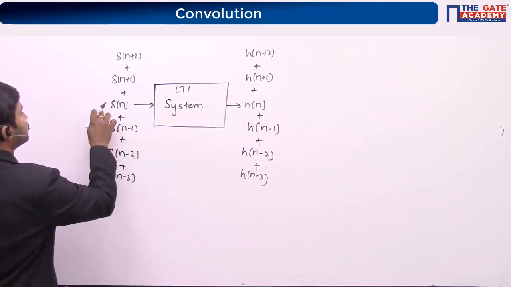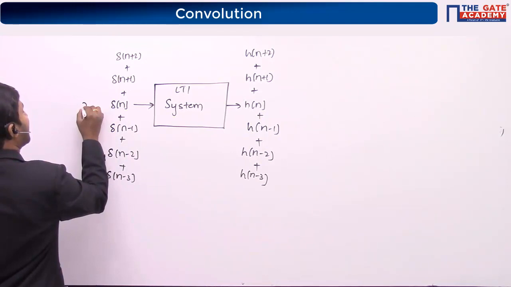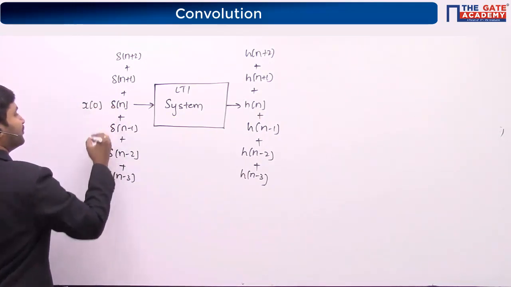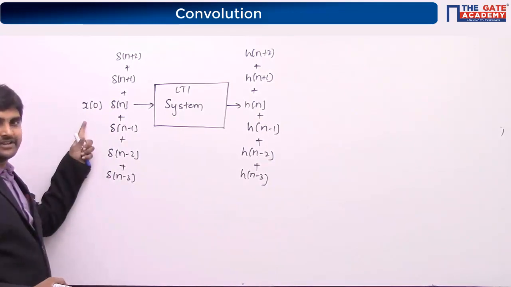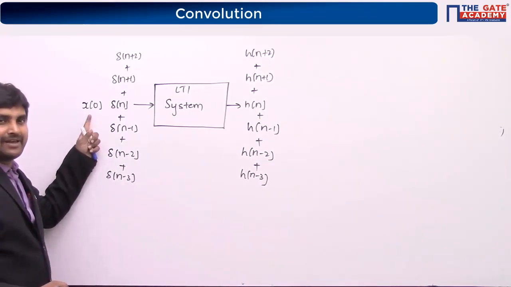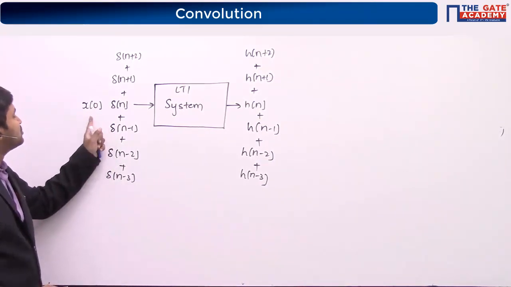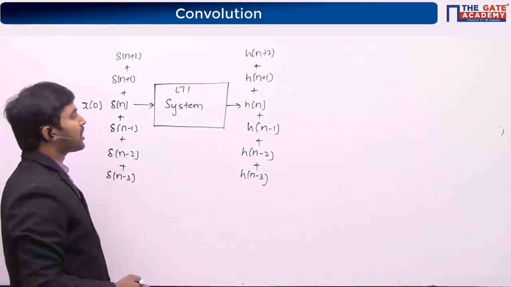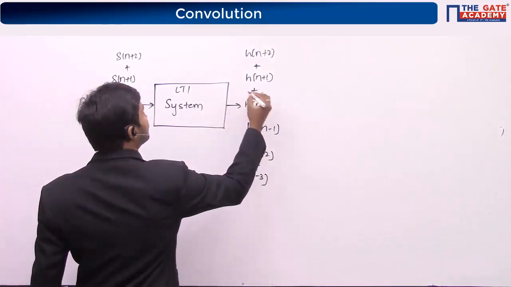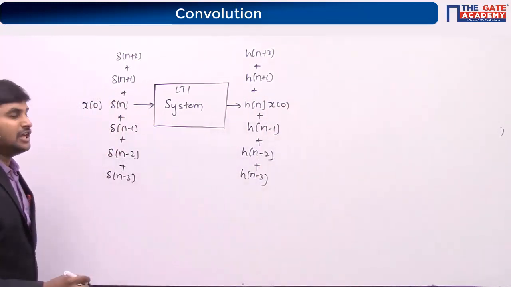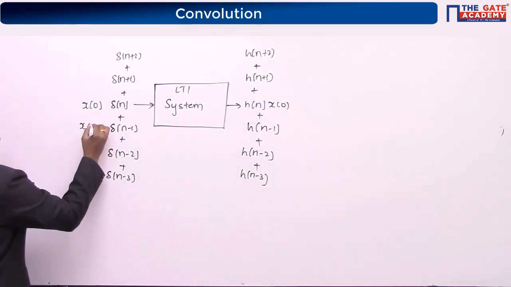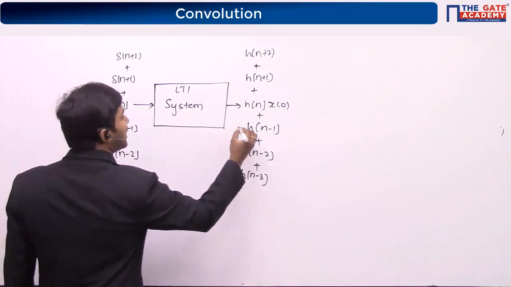Now, what I'll do here is multiply with x of 0, which is again a scalar quantity. This will be a sample value, right? A scalar value. So x of 0 if I give here, here also I will be having x of 0. Let me write x of 0. If I keep x of 1 here, here I will be having x of 1.